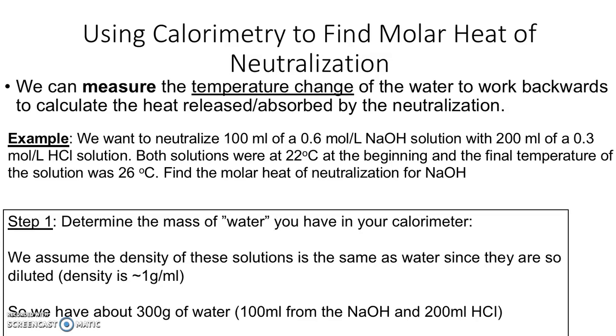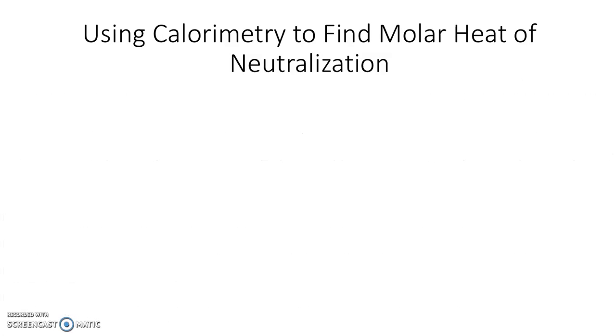So 300 grams of water, 100 coming from the sodium hydroxide solution, and 200 coming from the HCl solution. You mix them together, and that is 300 for your calorimeter. That is the important step for molar heat of neutralization that does not happen when you're looking at dissolution.